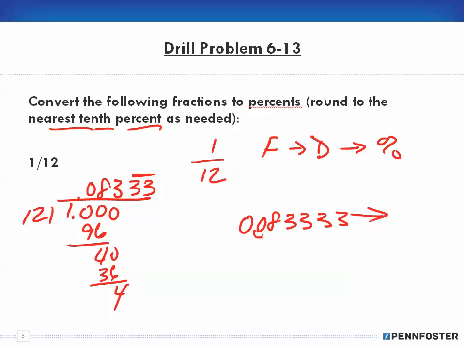Okay, so I move it over 2 places, 1, 2, and I end up with 8.3333 out to infinity, but it's telling me to round to the nearest tenth percent. Well, this here is the tenth percent, so I look to the right. That 3 is less than 5, which means I round down, and so I get 8.3 as a percent.